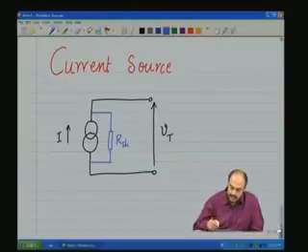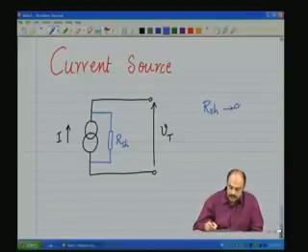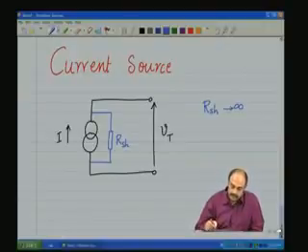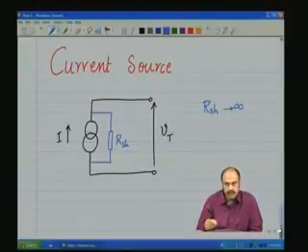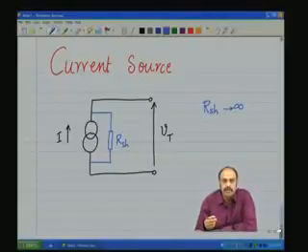In an ideal source, R shunt will be infinite, very, very high. In the case of a practical current source, R shunt is not infinite, but a finite value, maybe in mega ohms and such, in that order.